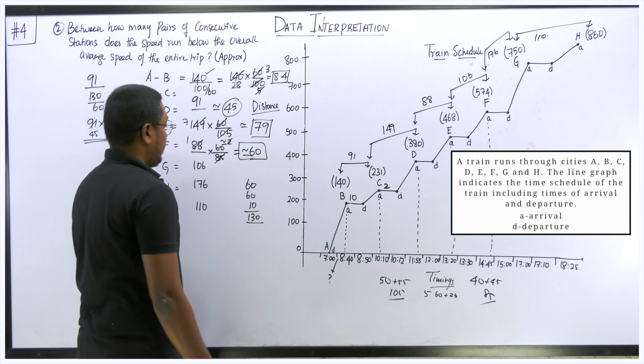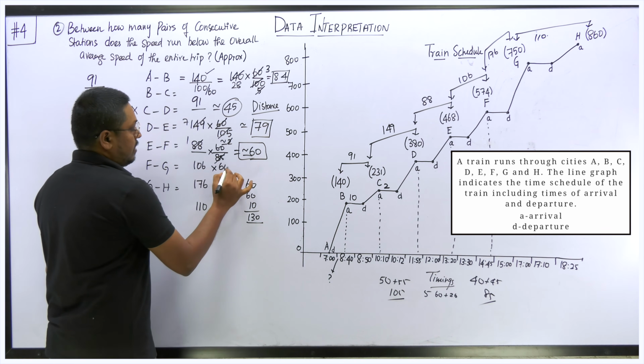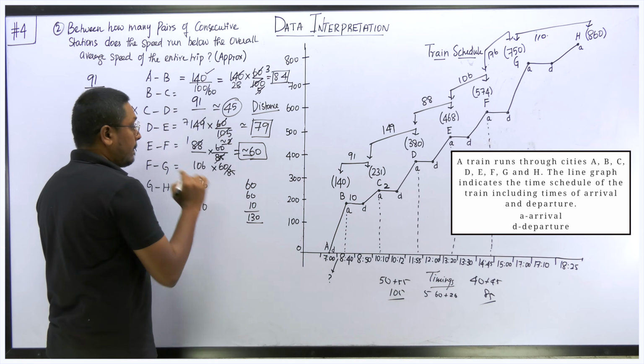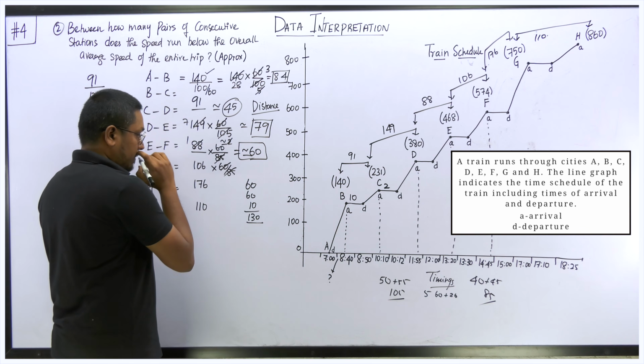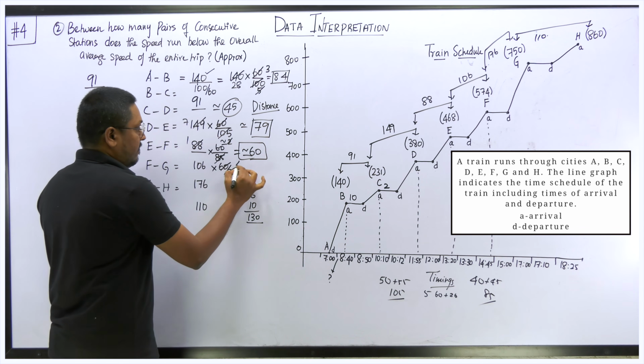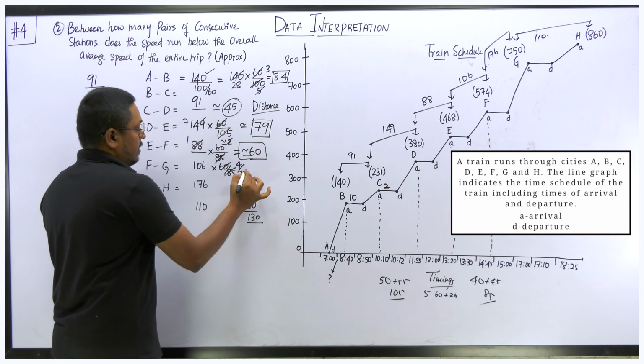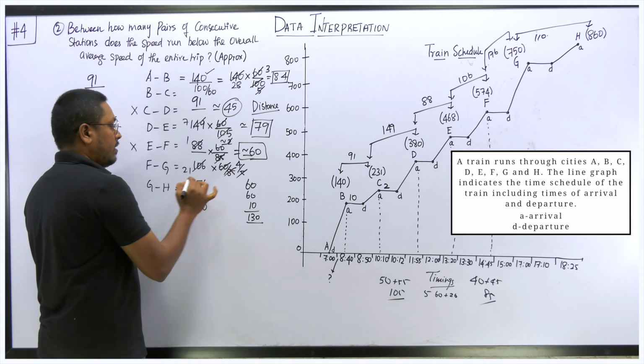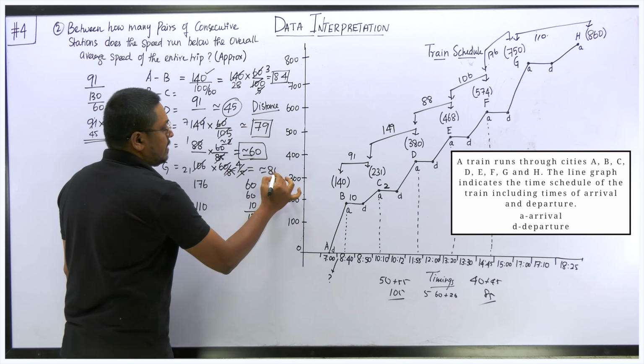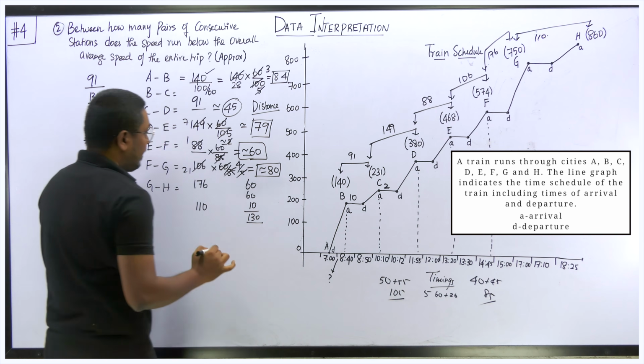So 85. So again 60 divided by 85. 15 times 4, 5 times 5 2s are 10, 1, something around 80 plus, right? Average speed will be 80 plus.